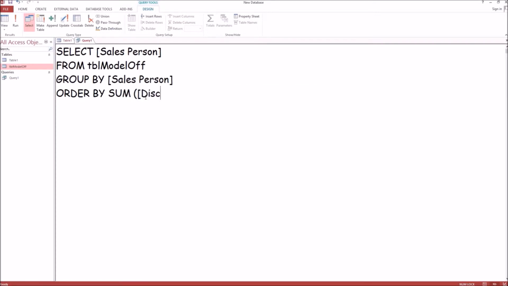So that is discount given times, which is discount given in percentage points, times ticket price per unit, and multiply that by the units sold per quantity.